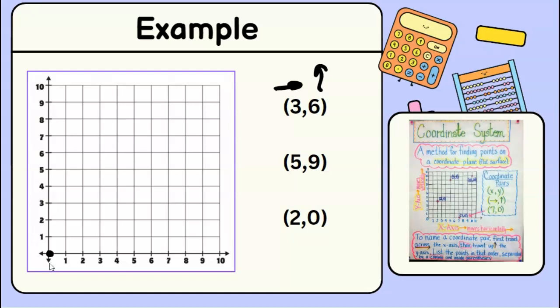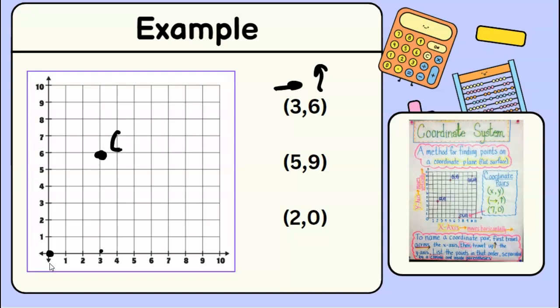I'm going to move up my 3 all the way to my 6. And that is where I'm going to plot my point. So now you can see that my first ordered pair is at 3, 6. I can write it there as well.